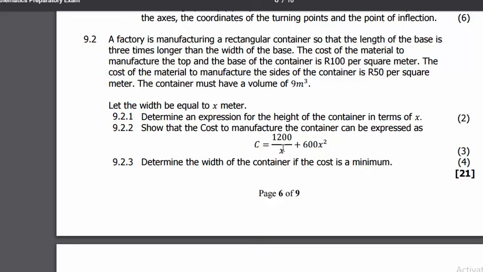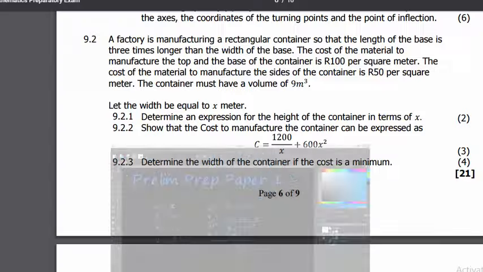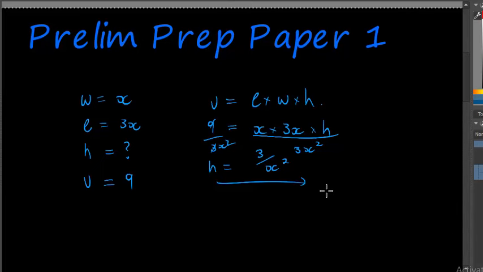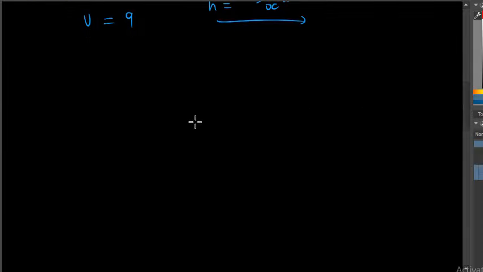Show that the cost to manufacture the container can be expressed as. So here's the cost to manufacture the container, and they said the cost to manufacture the top and the base is 100 Rand, and the sides is 50 Rand per square meter. So we obviously need to draw a picture.